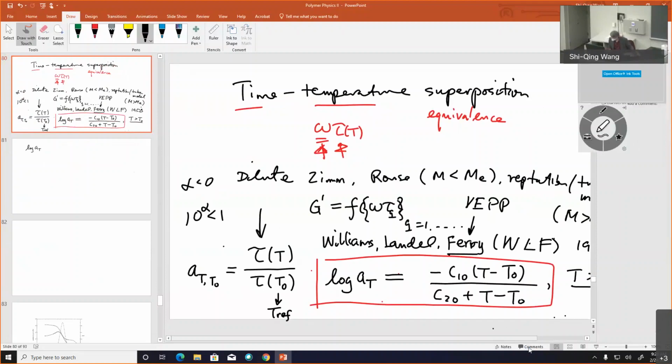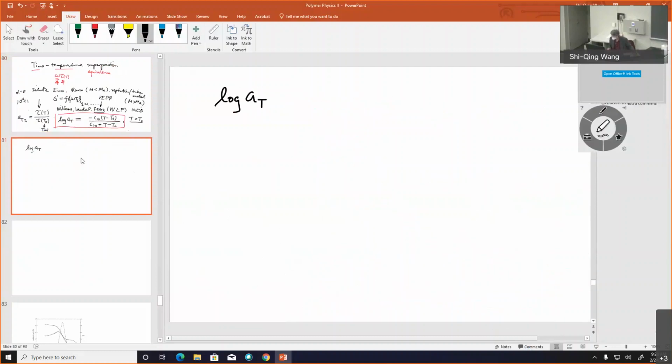So it is also indicated in Ferry's book that the more powerful way to write it, I know the reference temperature T0 is very convenient, but if you choose that reference temperature to be TG, actually, because this reference temperature is up to you to choose, then instead of C, I write it C0.